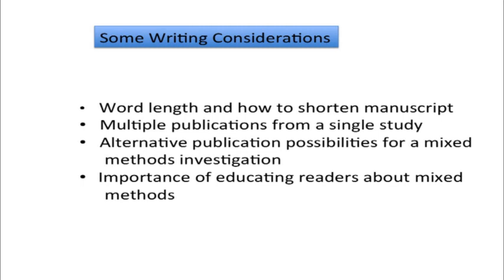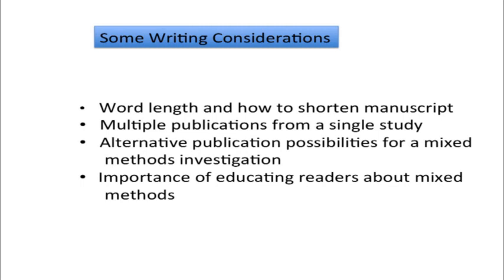That is, it needs to be a manuscript with 3,000 to 6,000 words. And especially this is the case in the health sciences. When we started the Journal of Mixed Methods Research, we had a word length of 10,000 to 12,000 words, which translates roughly into about a 30 to 35 page double-spaced typed manuscript.